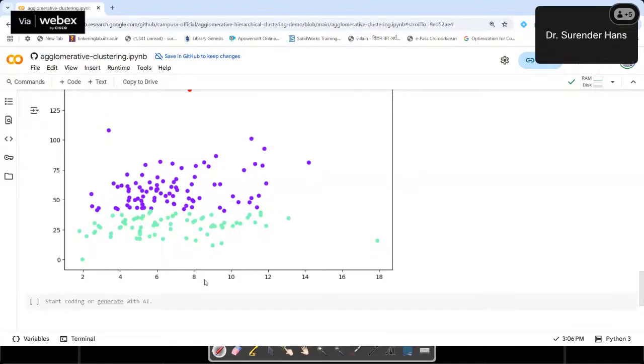Now the third is the arbitrary decision in linkage criteria.